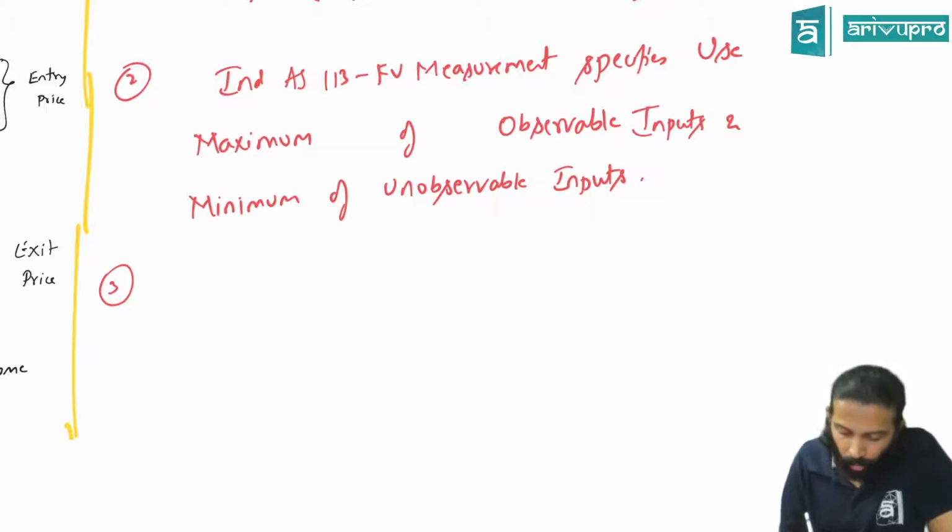Now what do we need to know? What are observable inputs and what are unobservable inputs?